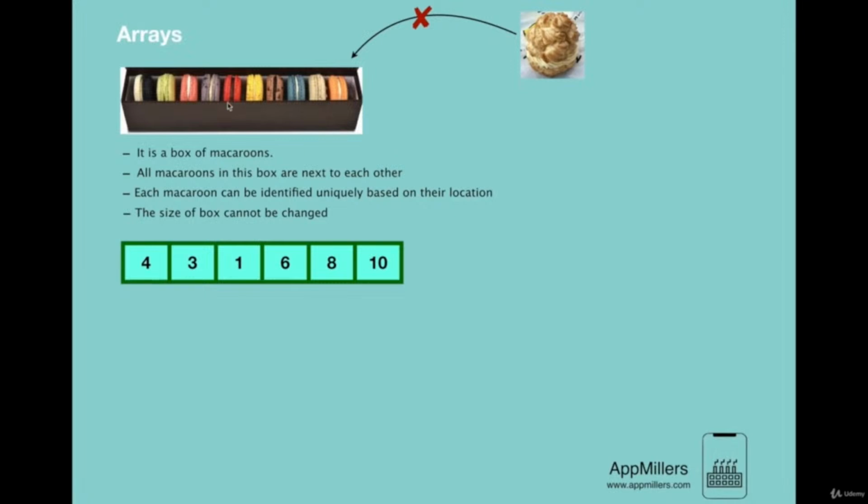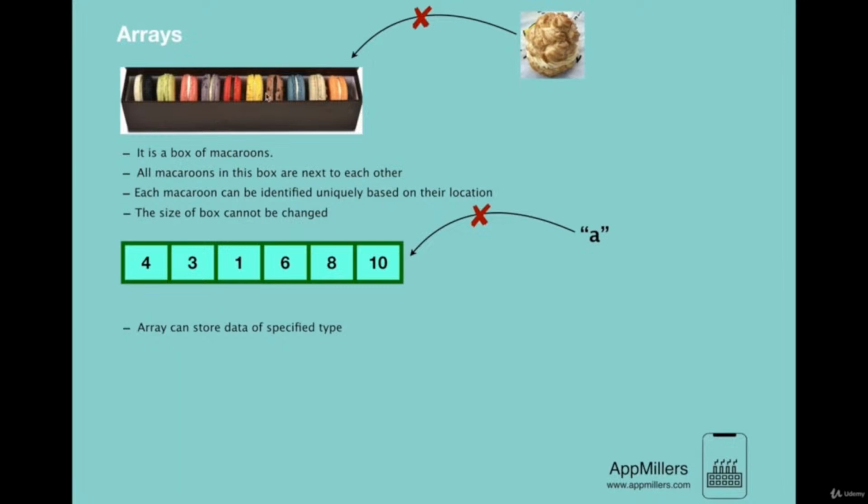So the first property is that an array can store data of a specified type. This means that when we create an array of integers, we cannot store string values in this array. If we try to insert this value into this array, it will raise an error. We cannot do that. As you see, this property is similar to the first property of this box.